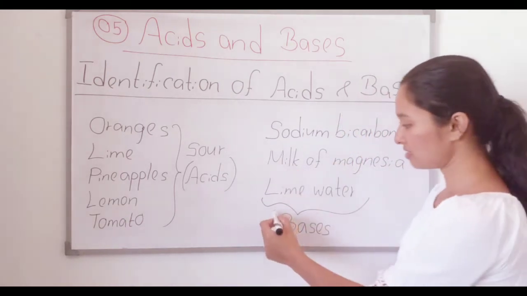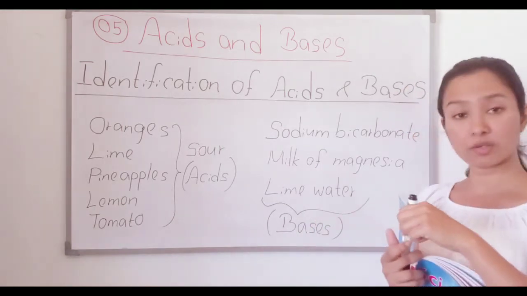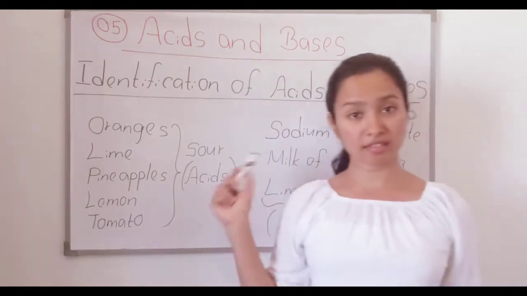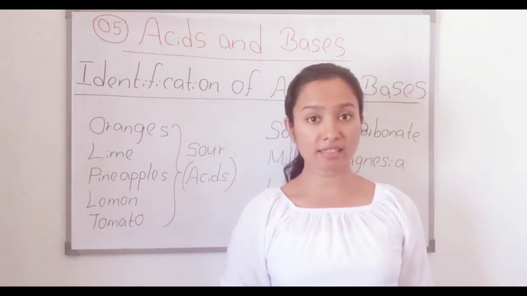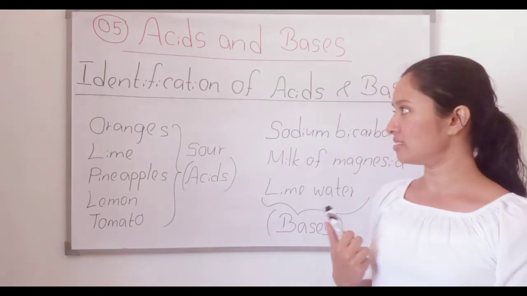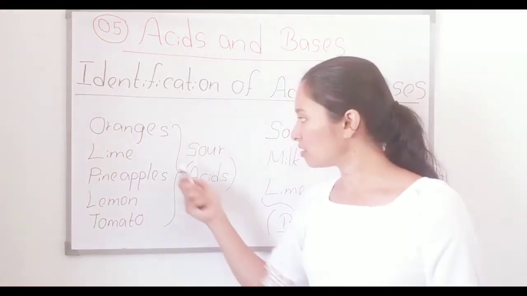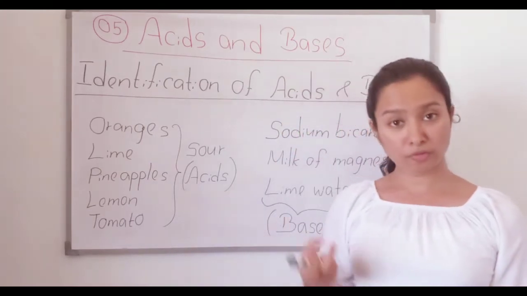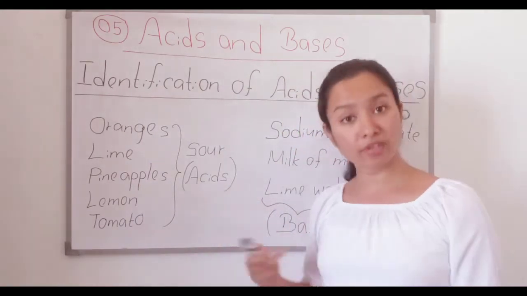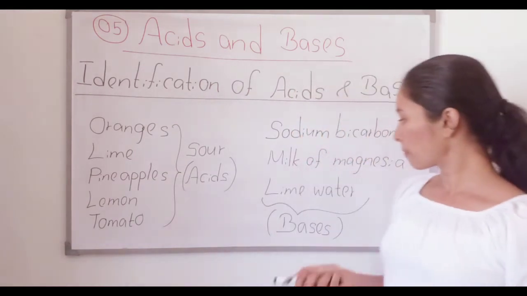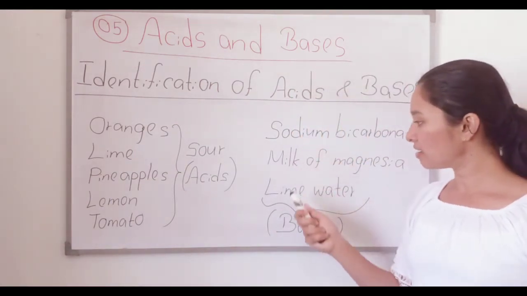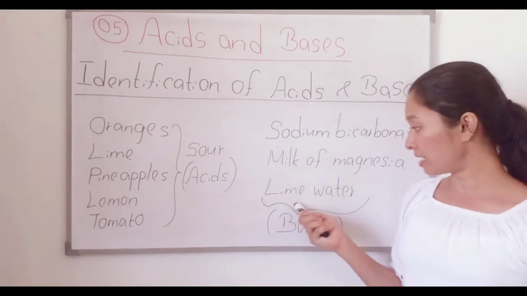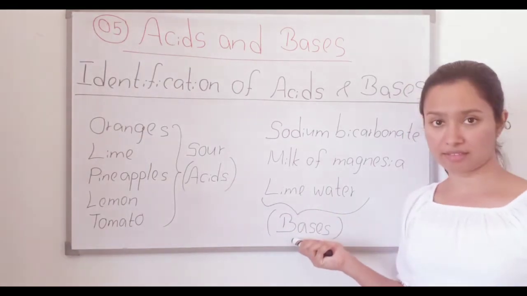So acids and bases. What's your lesson? The lesson is acids and bases. You have to identify acids and bases in this lesson. If there is a sour taste in fruits or vegetables, those fruits contain acids. These other substances contain bases.